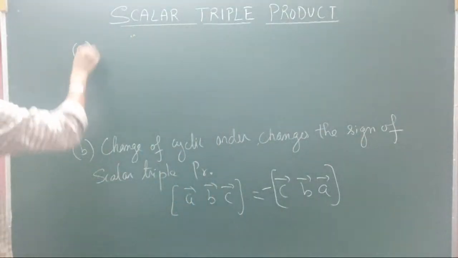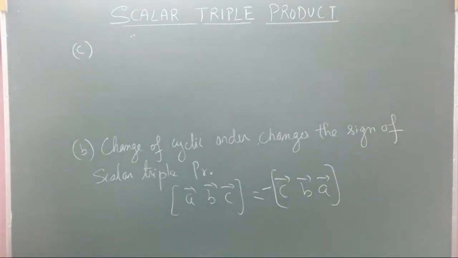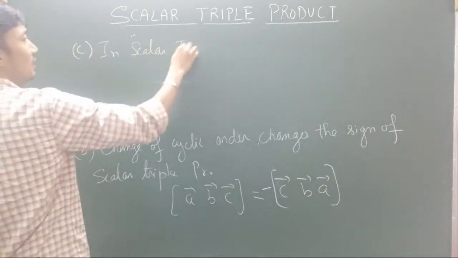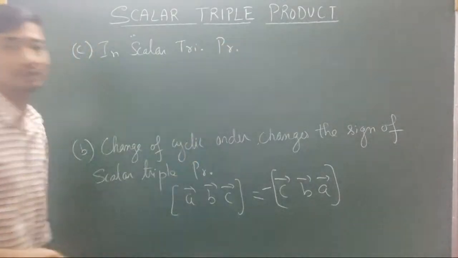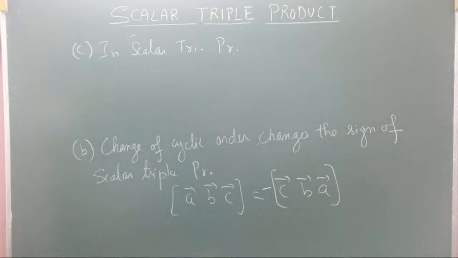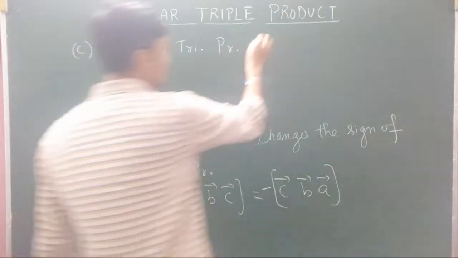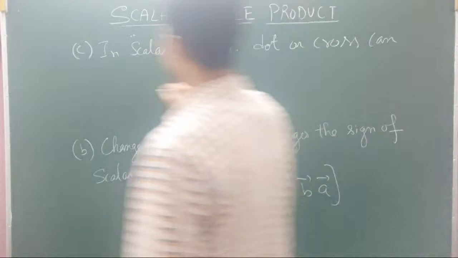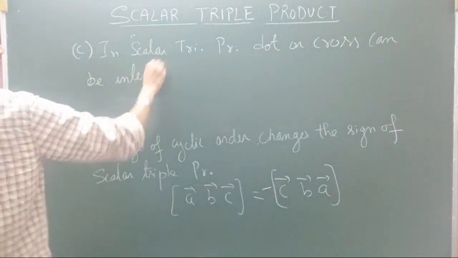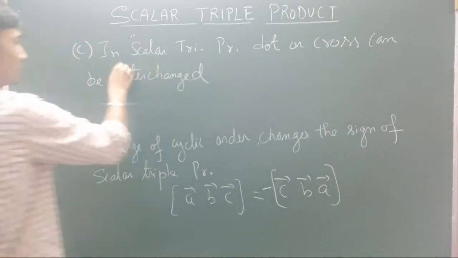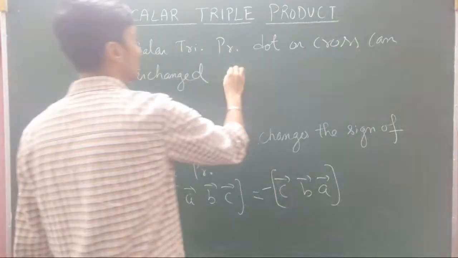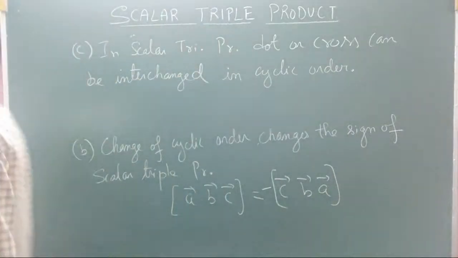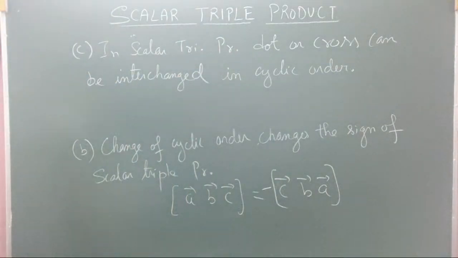Okay, I'll go to the next property, that is number C. You can write down, in scalar triple product, the dot or cross can be interchanged in cyclic order.